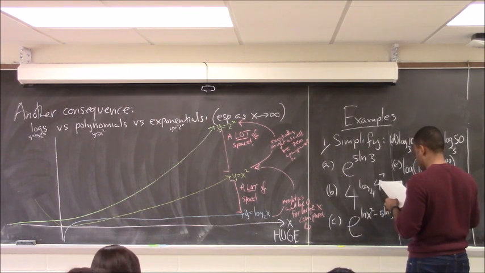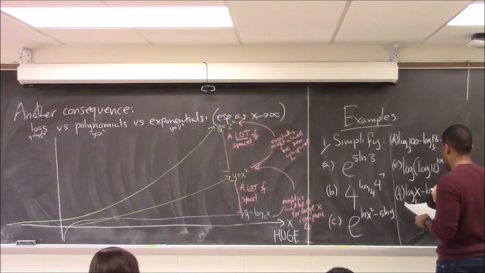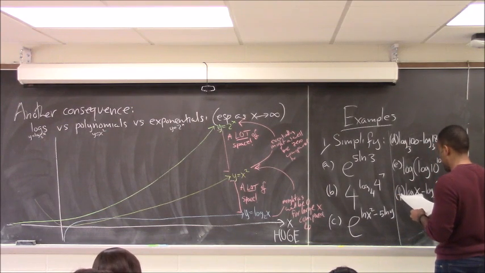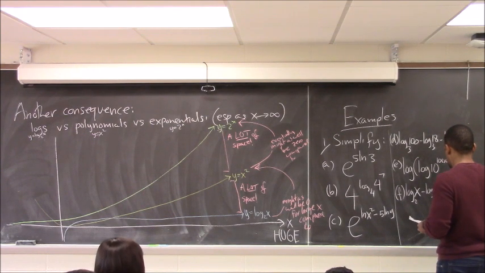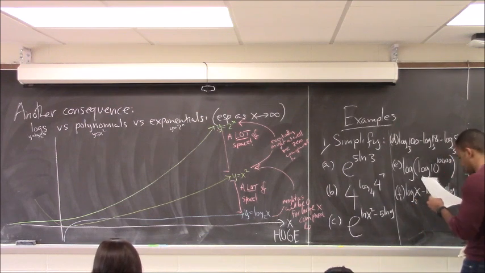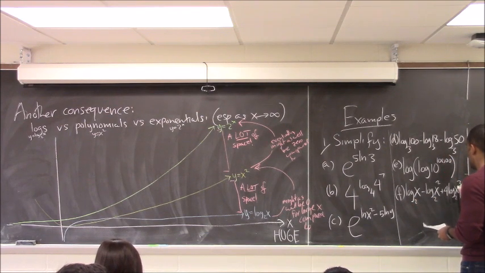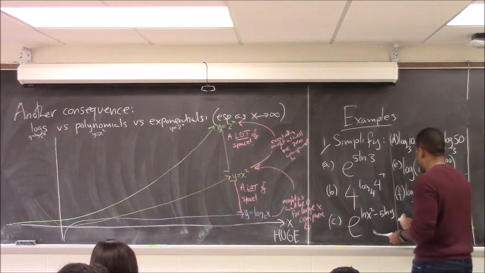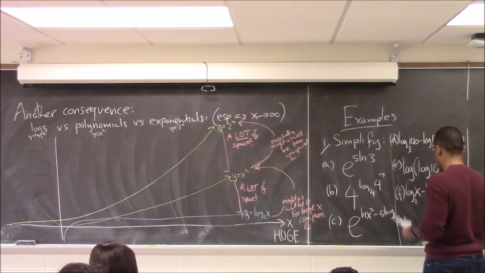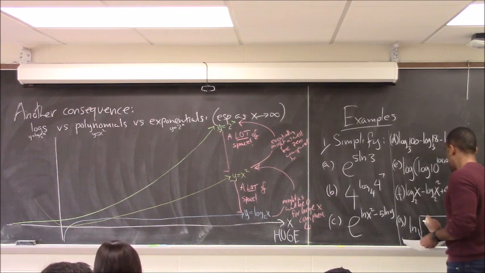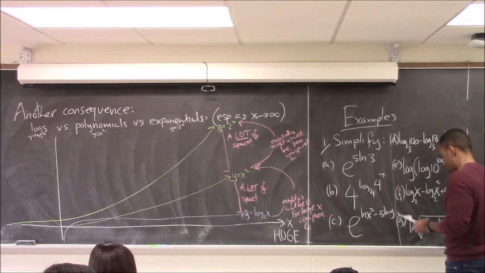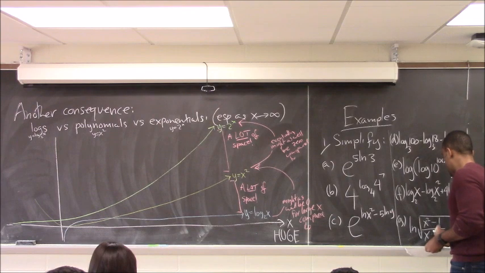Log to the base 2 of x, log to the base 2 of x squared, or log to the base 2 of x cubed. Ln of the radical of x squared minus 1 over x times x plus 1.